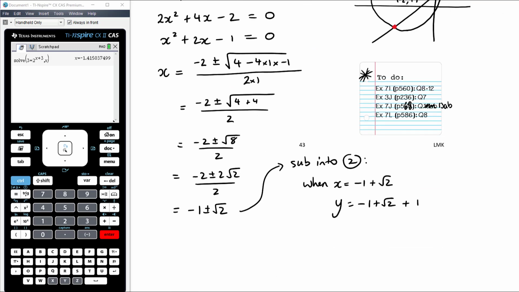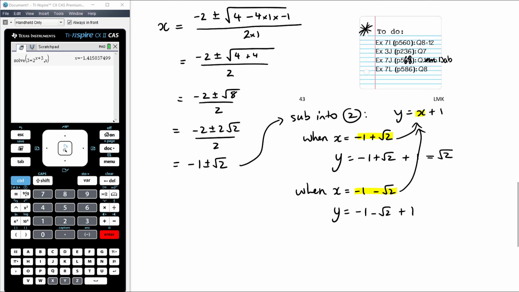And look, that −1 + 1, they cancel out, so y is just √2. And we also know when x is −1 − √2, y is going to be −1 − √2 + 1. What I'm using here is that the equation is y = x + 1, so I'm substituting the x value in place of x to work out the y value, okay?